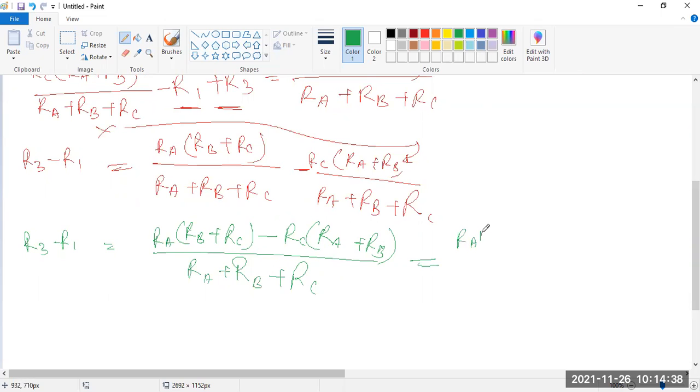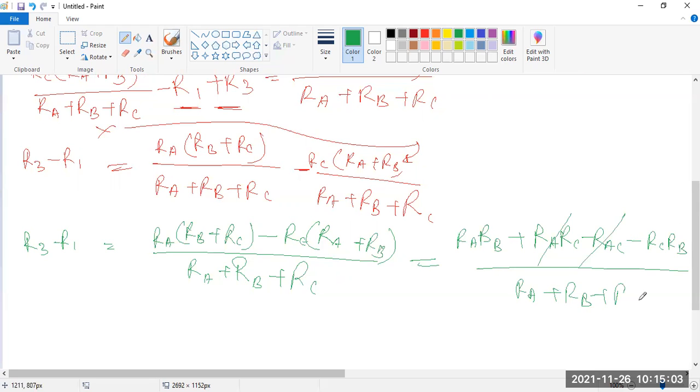So RA RB plus RA RC minus RA RC, this one, and minus RC RB. Okay, so this one and this one will cut and we get RA plus RB plus RC.